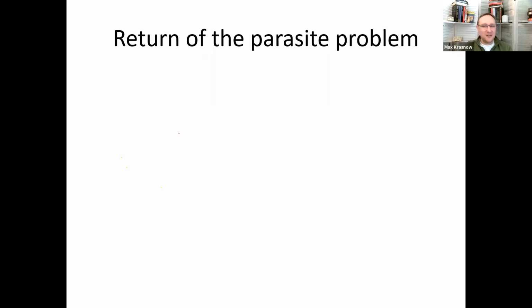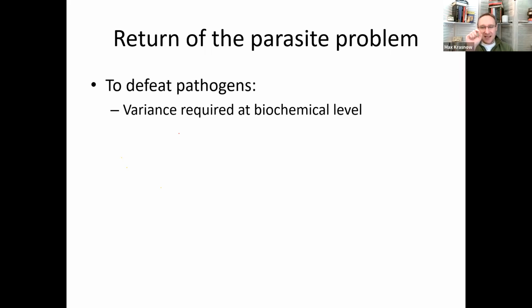To answer what looks like a paradox here, we have to realize that the level at which we need variance to encounter pathogens and the level at which we need universality to build adaptations are different levels of analysis. To defeat pathogens, we need variance at the exact way the mechanism is built, that precise biology and chemistry where the pathogens are exploiting the host's body.